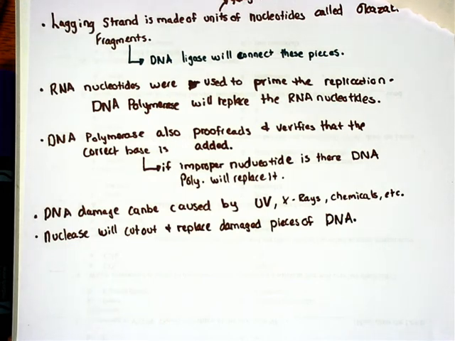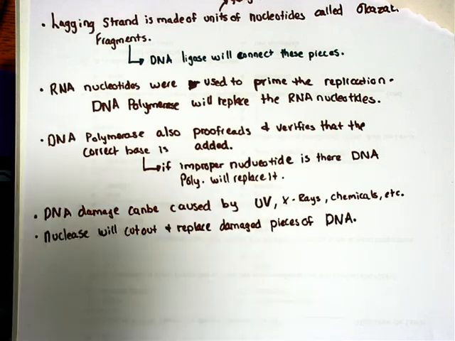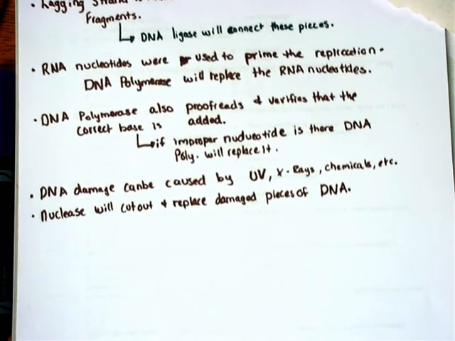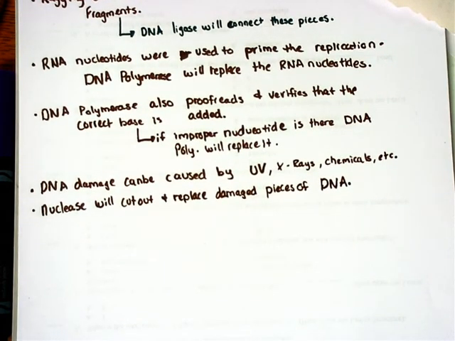Okay, so the last thing I want to get into real quick is talking about limitations of DNA polymerase, and specifically in linear chromosomes. So with DNA polymerase and linear chromosomes, we could have a problem.